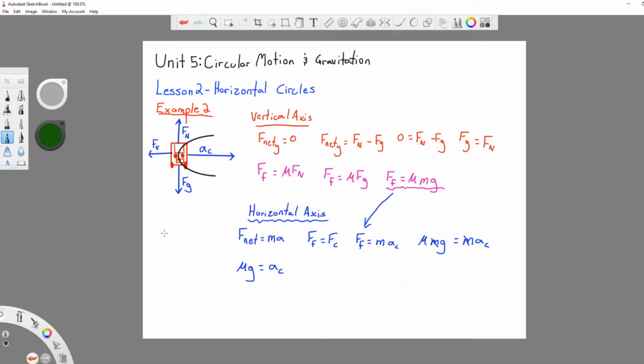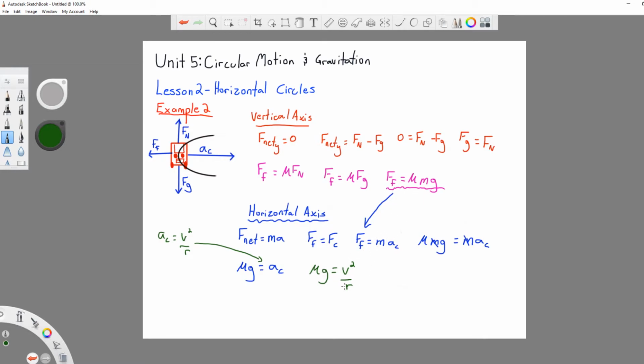So we know that a_c is equal to v squared over r. All right, well, let's sub this v squared over r in for a_c, and we can get mu times g is equal to v squared over r. And guess what?